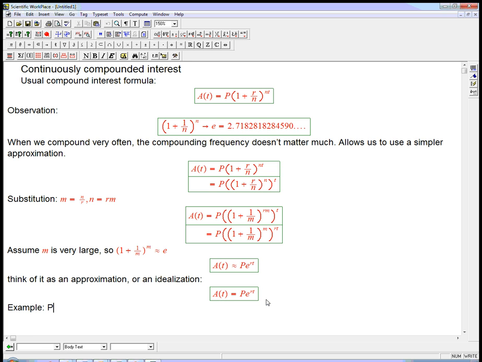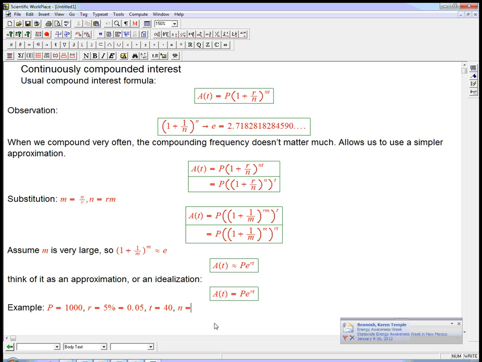Okay, so for example, let's say I start out with $1,000 and the interest rate is 5%, which is really 0.05, got to be careful to plug it in right. And the time, let's say I leave it in there for 40 years, say kind of a retirement scenario. And the n is pretty big.